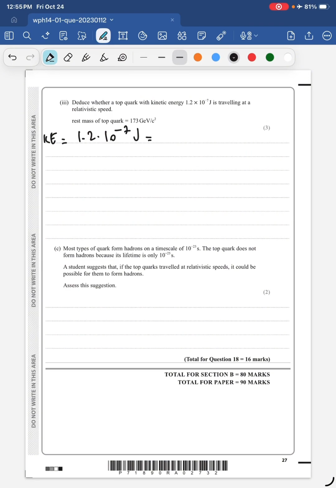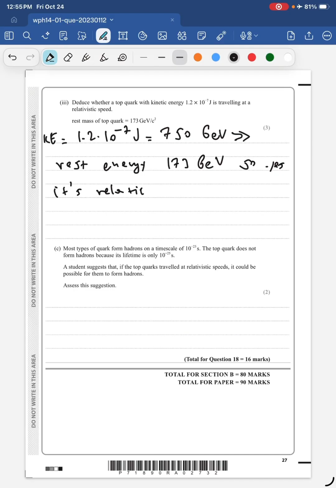So the kinetic energy ends up being 750 GeV, which is much, much larger than the rest energy, which is 173 GeV. So yes, it's relativistic. And when we say relativistic, we mean something that has an energy which is much larger than the rest mass.